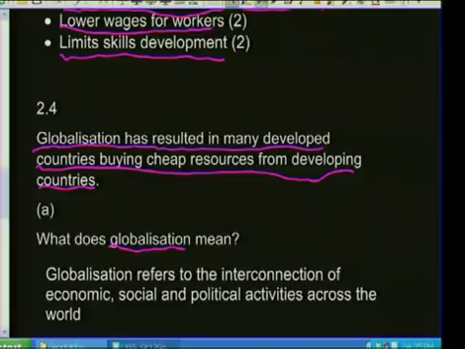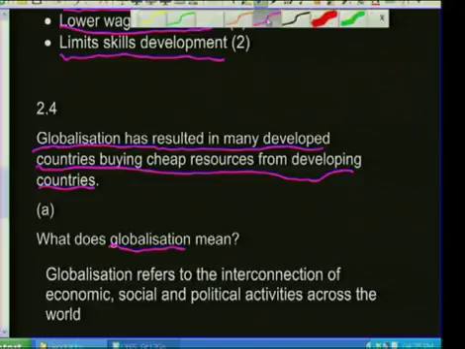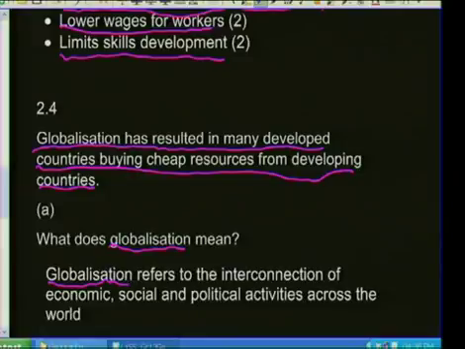So again, similar to that, globalization refers to the interconnection of economic, social, political activities across the world. Please note, learners, some of you now get so worked up, and I know this feeling, where you try to learn it out word for word.